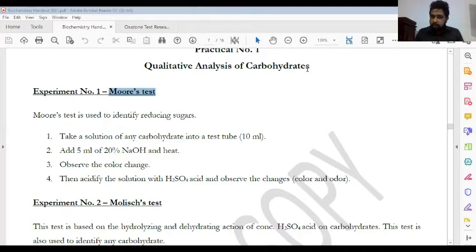Even in biochemistry, we didn't give much concentration to trioses and tetroses. I think even in your theory classes, so I think that's clear.